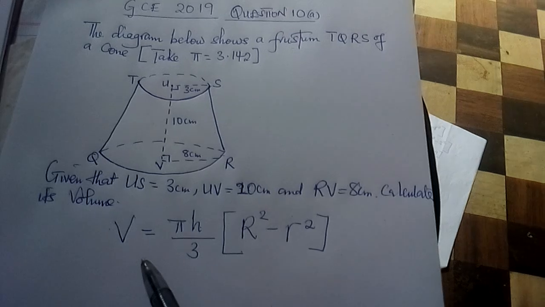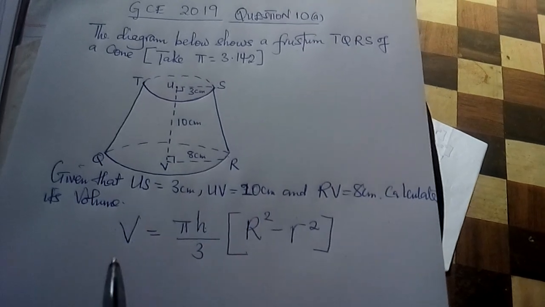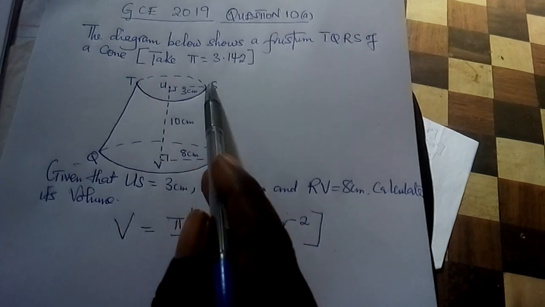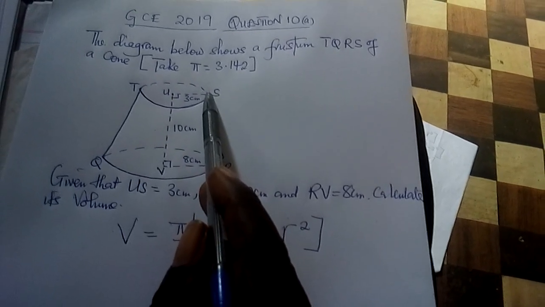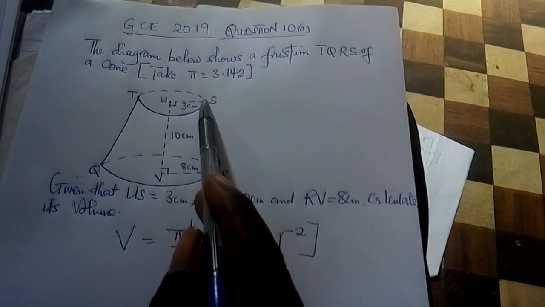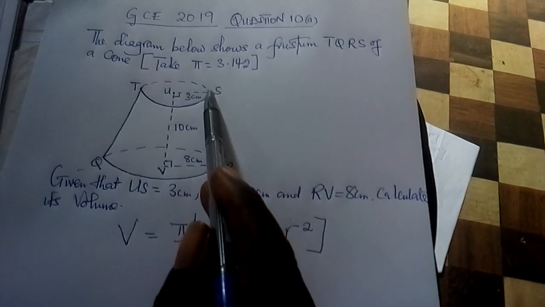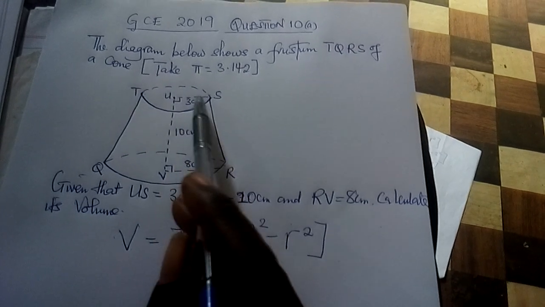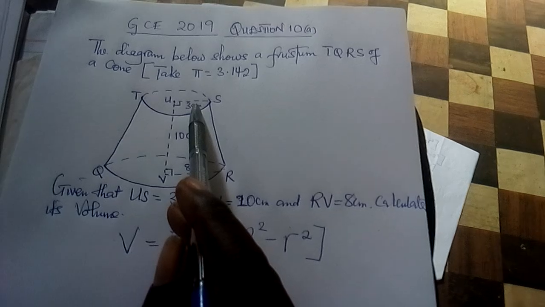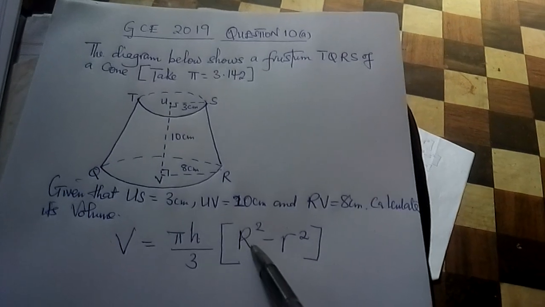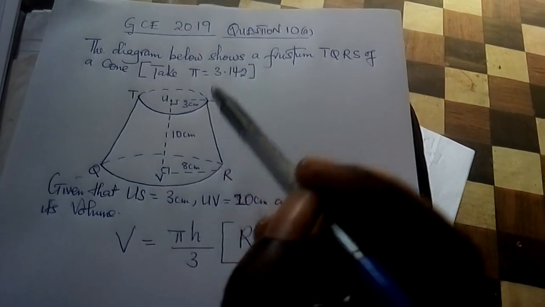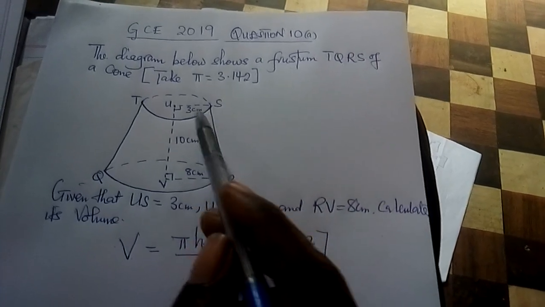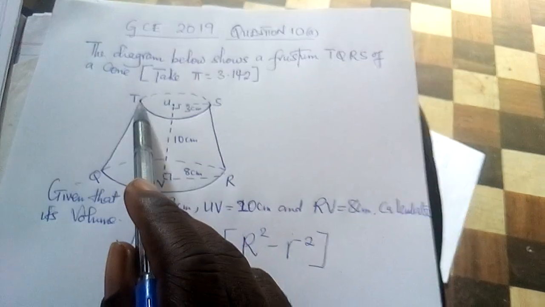The radius is half of the diameter, which means that when you look at this diagram, from here up to here is what we call the diameter. My radius here, combining two radii, is how we get the diameter. Sometimes in your exam, instead of giving you a radius, they may give you the diameter.